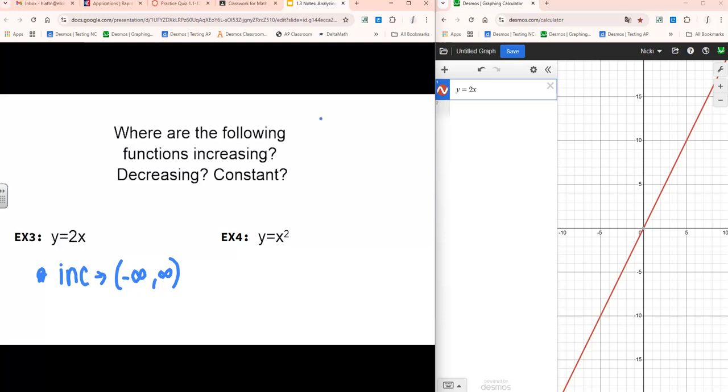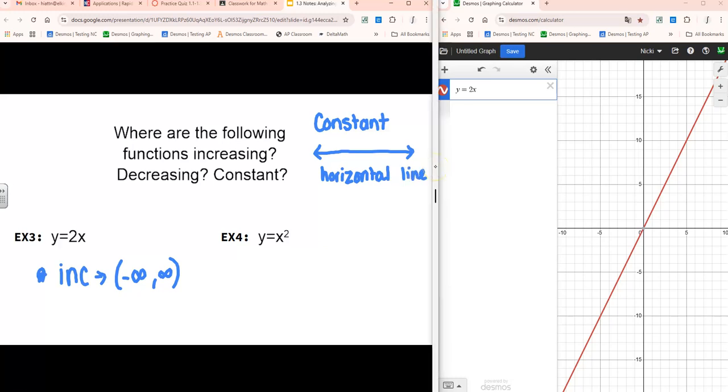A constant, and I think, if I'm remembering correctly from last year, I forgot to put a constant in the notes. A constant has to be a horizontal line. So you don't see it in a lot of functions naturally unless you're just looking at a horizontal line.